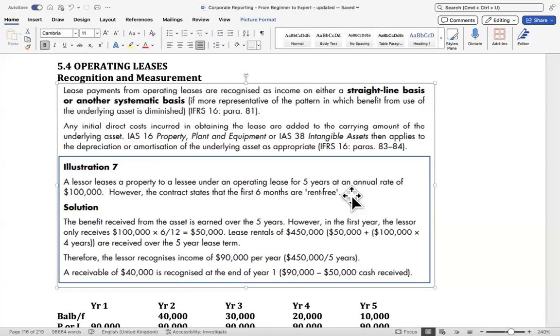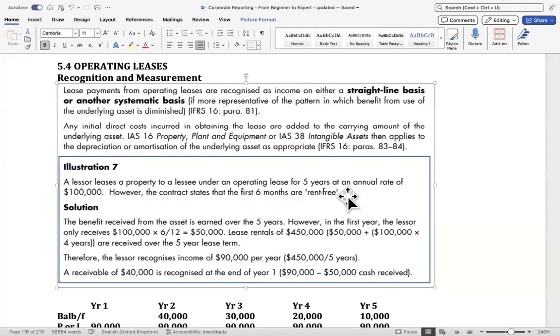So the lessor leases out a property for 5 years, and the examiner was very specific that it is an operating lease, and he's going to be getting 100,000 every year. It would have been straightforward because all we would have done is recognize 100,000 in our P&L every year. But they came up with something.